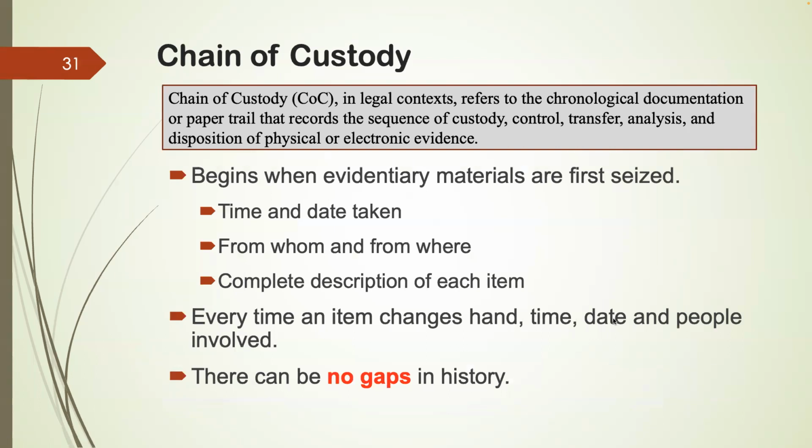Every time one person shares that data with another person, they have to create a chain of custody document, where they mention at what time person A handed over the files or the hard drives to person B. It will also have a description of what hard drives or data were exchanged.